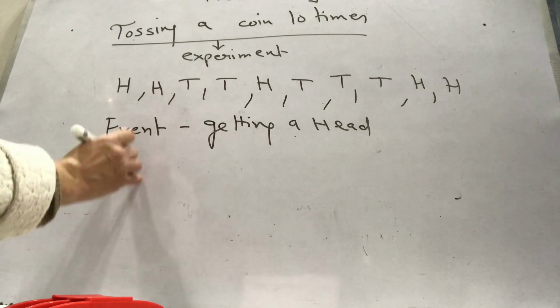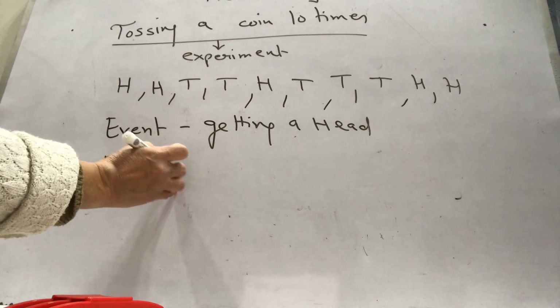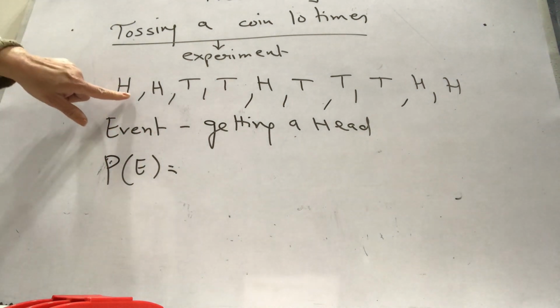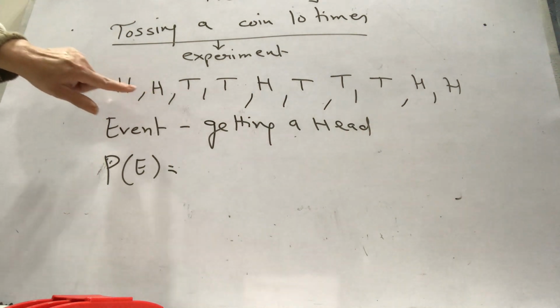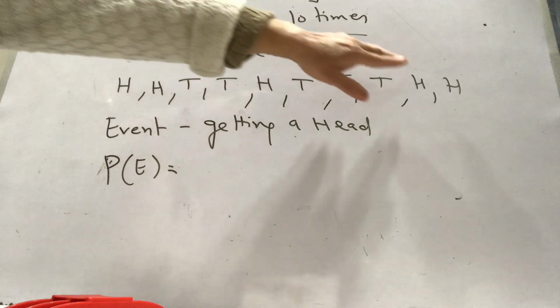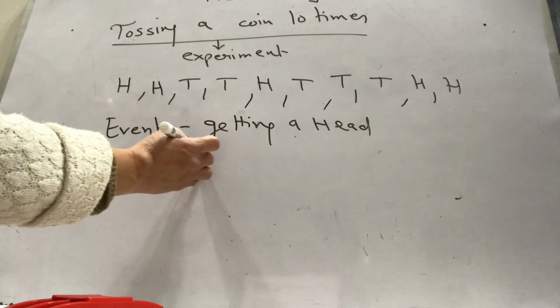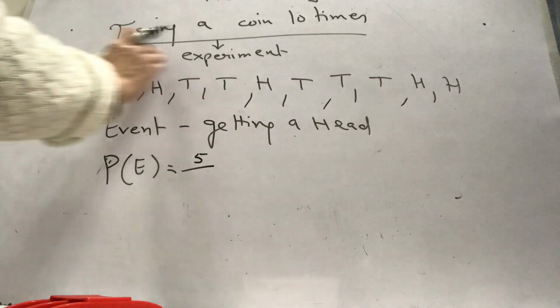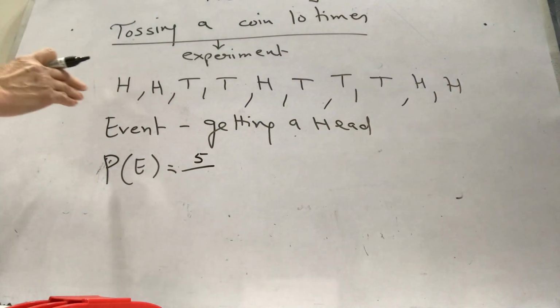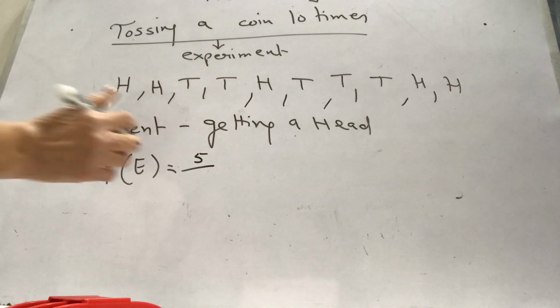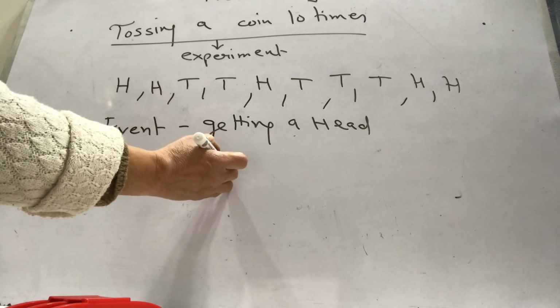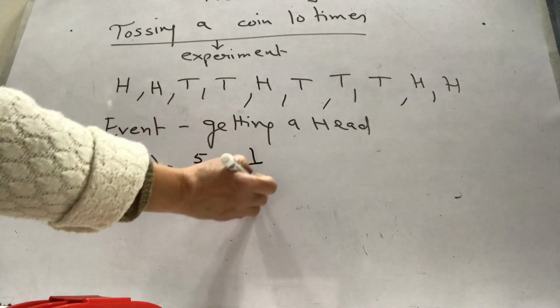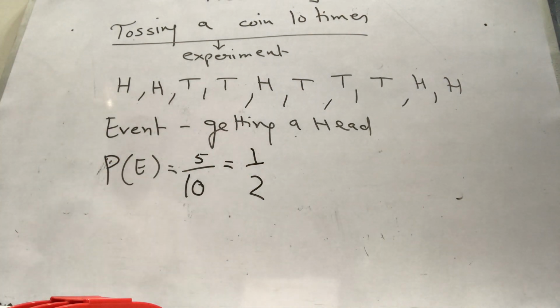So probability of event will be how many times head is appearing? 1, 2, 3, 4, 5 times. And we have written the formula earlier. We count how many times the event happened. So 10 times we toss the coin, and you always give, after cutting, your probability as 1 out of 2.